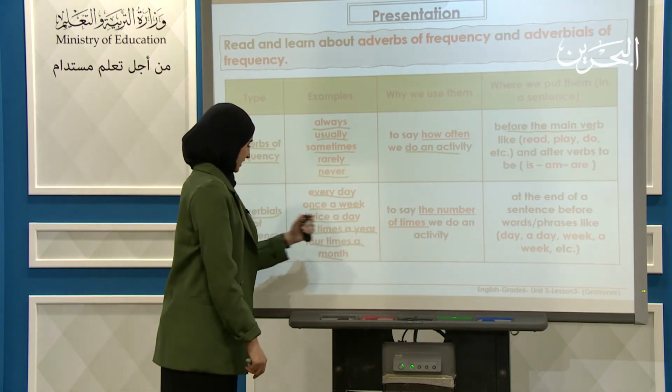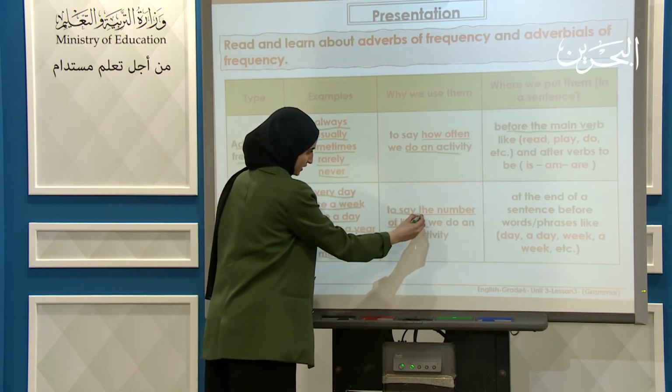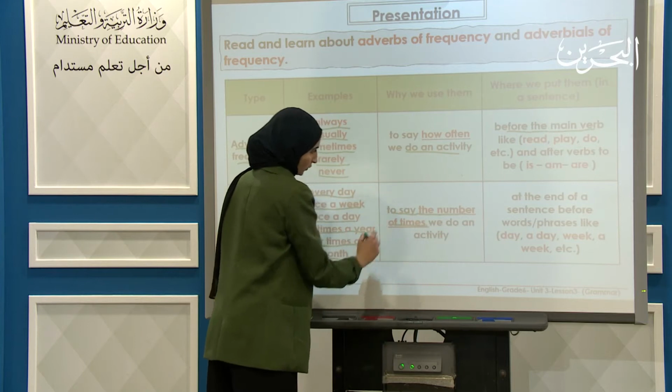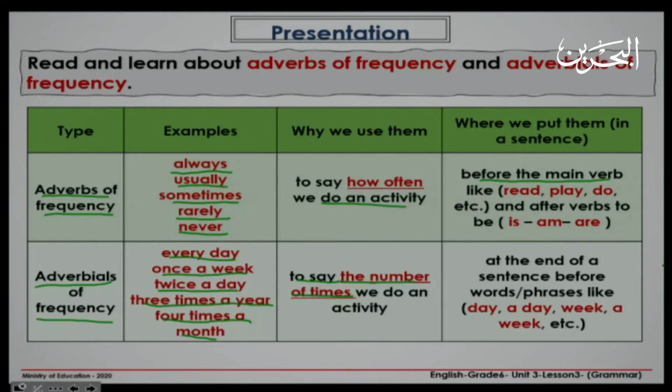When do we use the adverbials of frequency? We use them to say the number of times we do an activity. So where do we put them in a sentence?